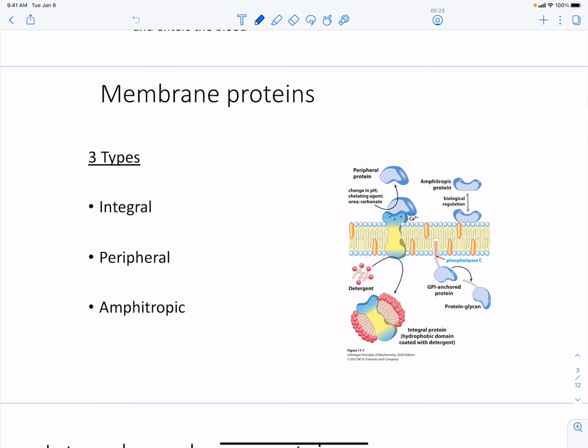You have integral membrane proteins, which are going to be associated with the lipid bilayer. And then you're going to have peripheral, which is going to be associated with the bilayer through either electrostatic or hydrogen bonds within the hydrophilic domains and the polar head groups of the membrane lipids.